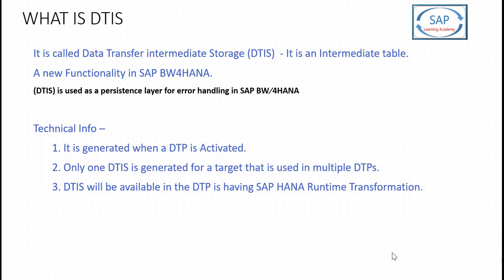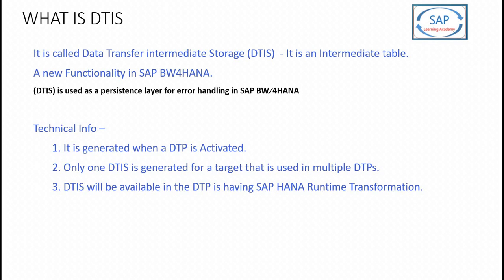And there is some technical information that we should know. It is generated when a DTP is activated. Only one DTIS is generated for a target that is used in multiple DTPs. Suppose you have a target and there are multiple sources, and from multiple sources you have multiple DTPs, but in that case you will have only one DTIS for that particular target.